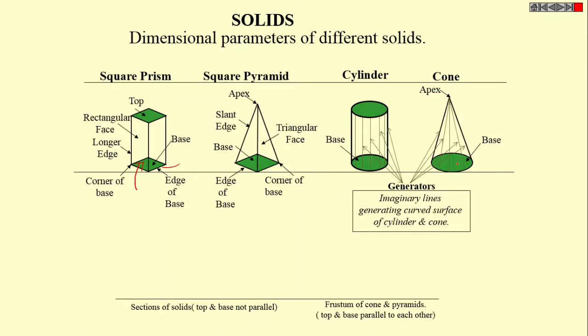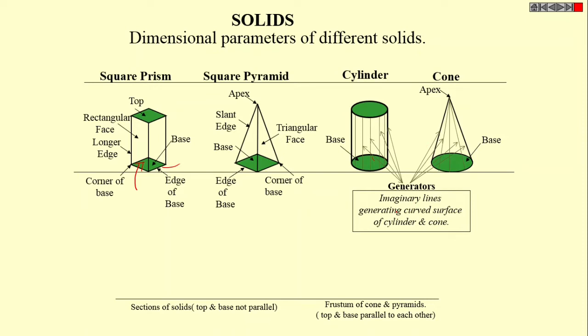And in the case of a cone, the generators are inclined to the axis of the cone, whereas in the case of cylinders, generators are parallel to the axis. Those are the different features or different parameters of different solids.